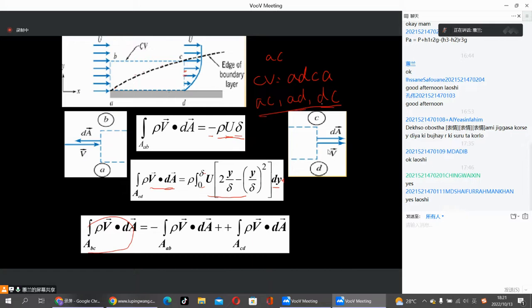According to mass conservation, the volume flow rate over the total control surface will be equal to 0. What does it mean? The volume flow rate across AC is what we need to find out, plus the volume flow rate across AD, which will be 0, right? Because AD is a solid boundary.